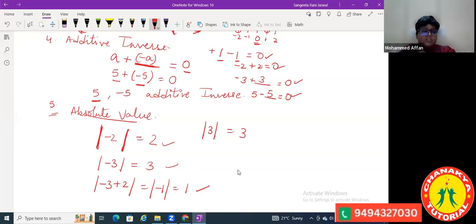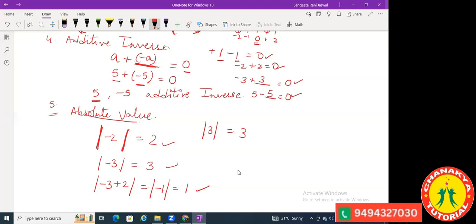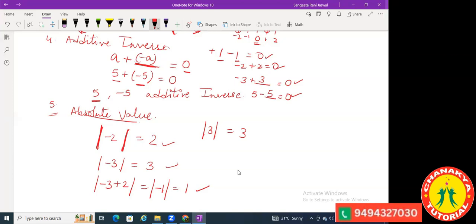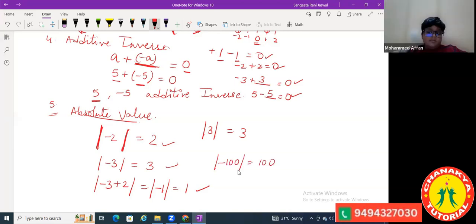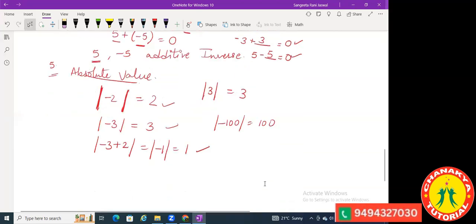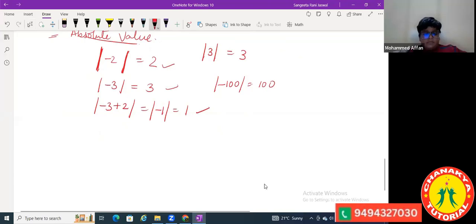Even if I put minus 100, it will come out positive. Whichever operation I put inside, the answer will come out positive.